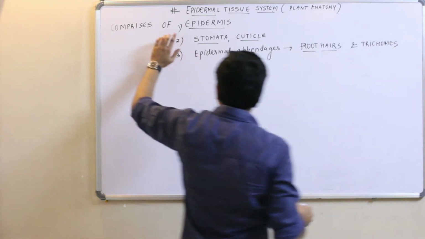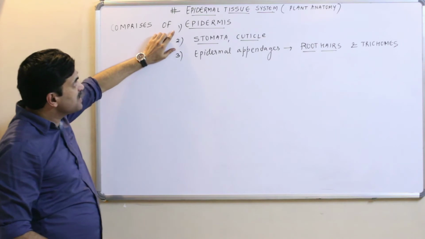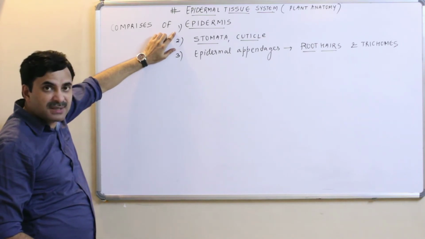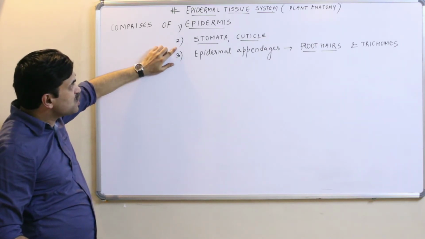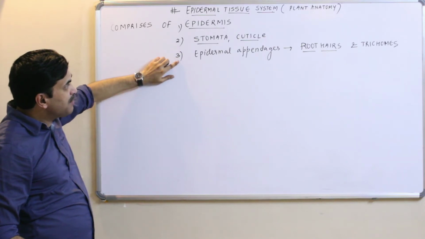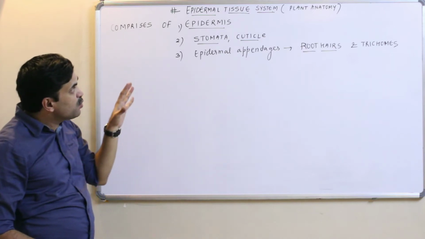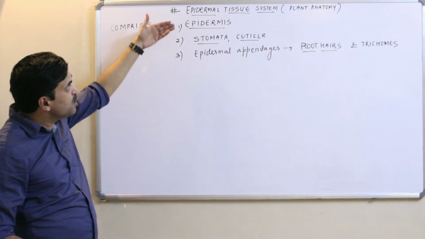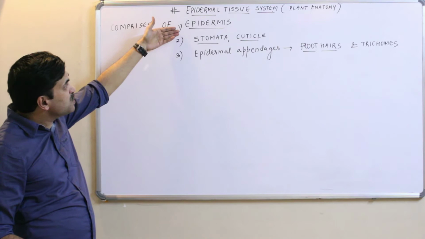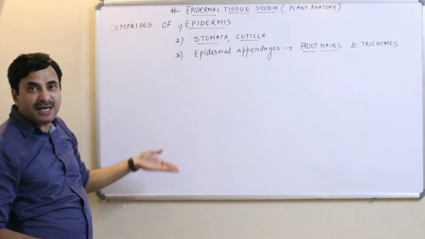Are you getting what we have to discuss? Epidermal tissue system comprises of epidermis. It also consists of stomata and cuticle, and epidermal appendages such as root hairs and trichomes. Means we are going to study not only the epidermis but also the parts associated with the epidermis.